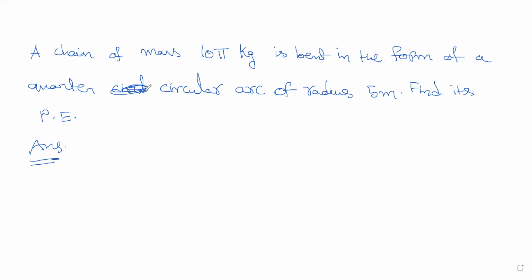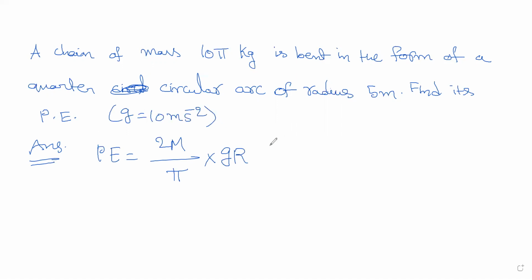So it's bent in this quarter circular arc. If that situation is coming, the potential energy is 2m by π into gr. You can take g as 10 meter second power minus 2.